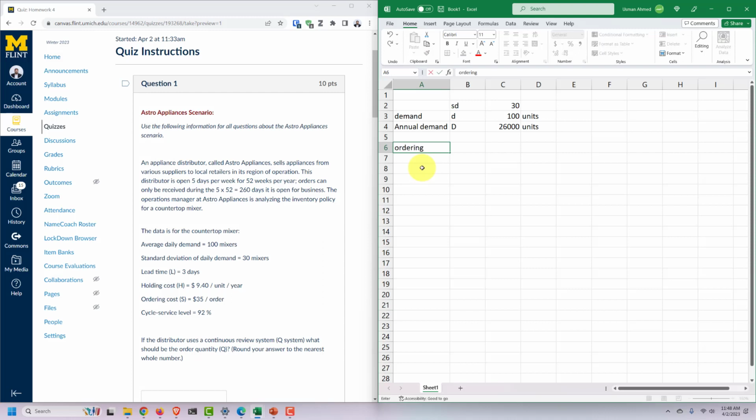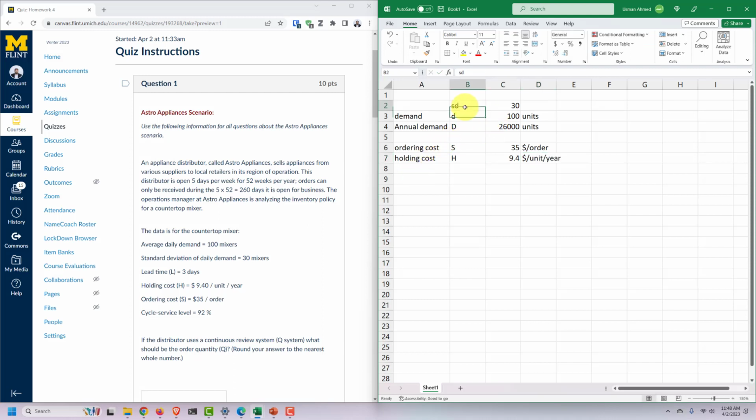So we get ordering cost S, that is $35 per order, and then we have holding cost, which is $9.4 per unit per year. Oops, this is going to be capital H. $9.4 per unit per year.